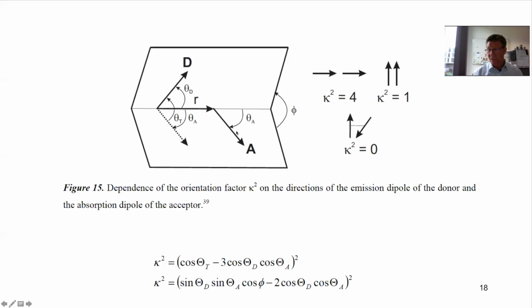That gives you the view of the orientation of the transition dipole moments. It is just goniometric relations, and there are two expressions that are actually equal. They give the same result, but they just use a different way of expressing the orientation. That's the kappa factor. If people do not know anything about the orientation, then they use 2/3.